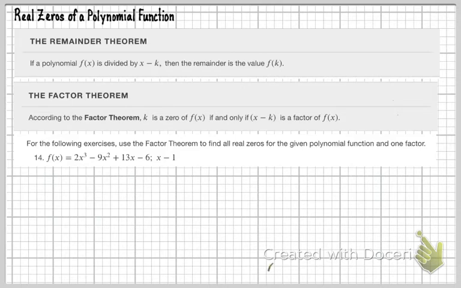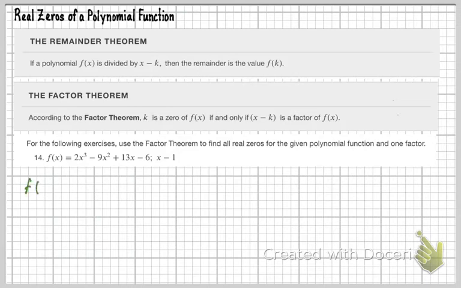And this second theorem says k is a zero of f(x) if and only if x minus k is a factor of f. So if it is a factor, my remainder, which would be my f(k) here, should equal 0. So we're just going to plug it in and see.